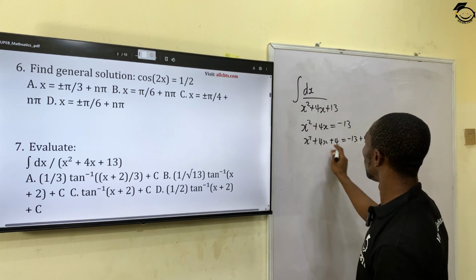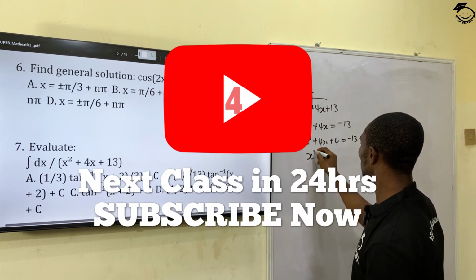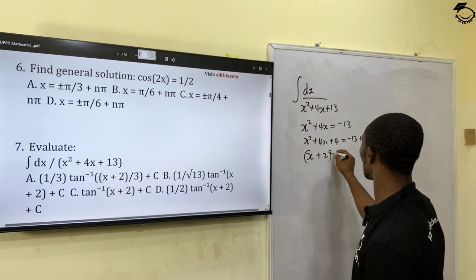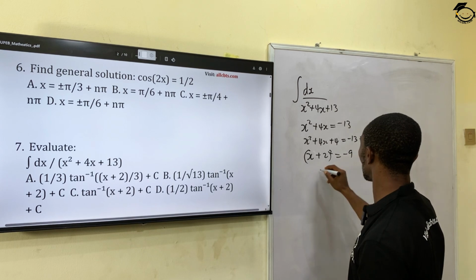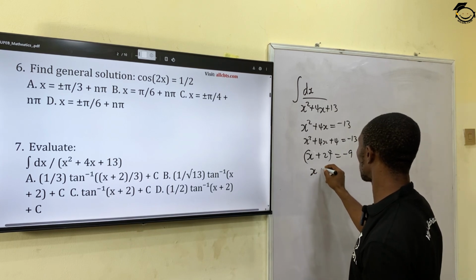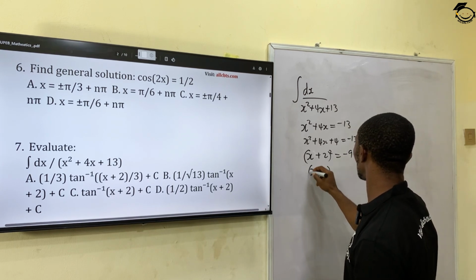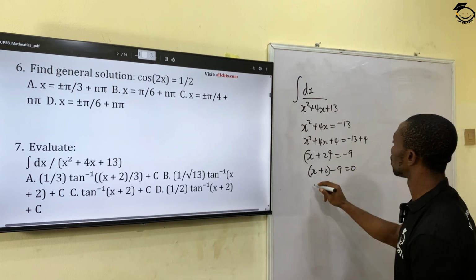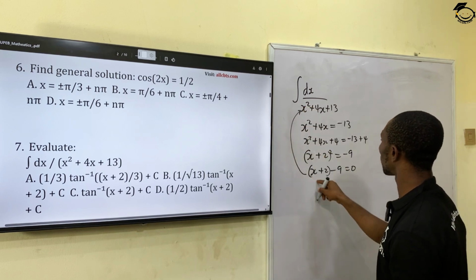Okay, now from here we're having x plus 2 squared equals minus 9. So this will become x plus 2 squared minus 9 equals 0. So now we'll replace our original equation with this.